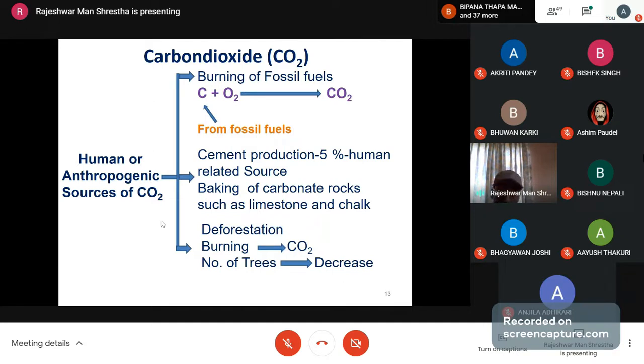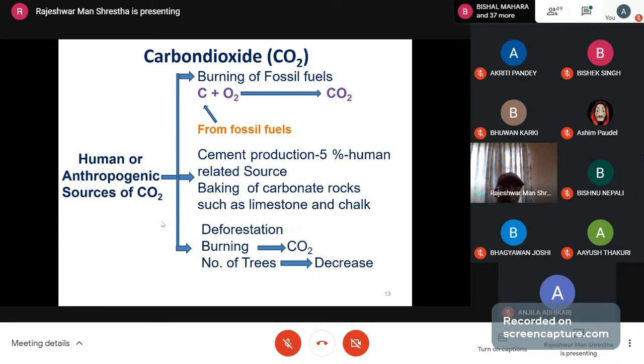Now deforestation. People are involved in this process to clear the land for agriculture. In this process, a large amount of trees will be burned. Burning of trees will release carbon dioxide gas.